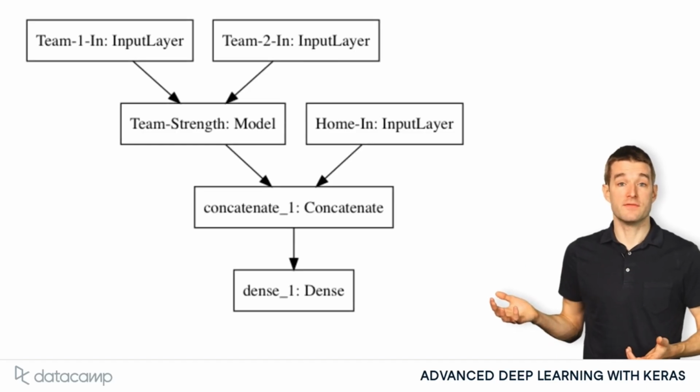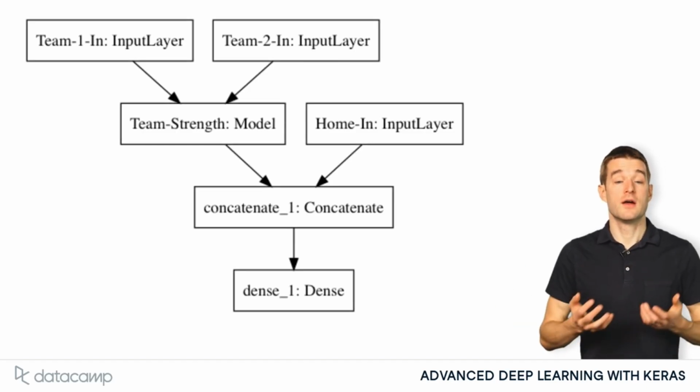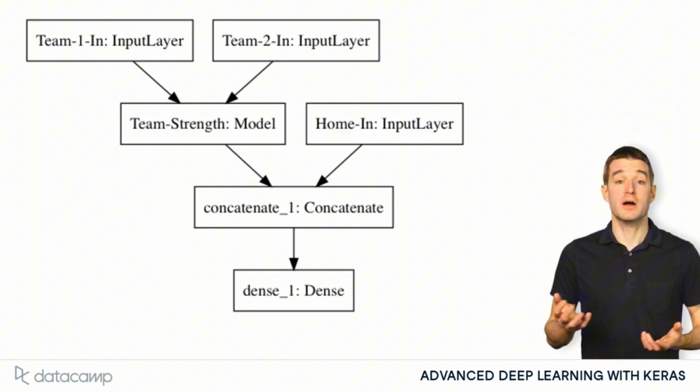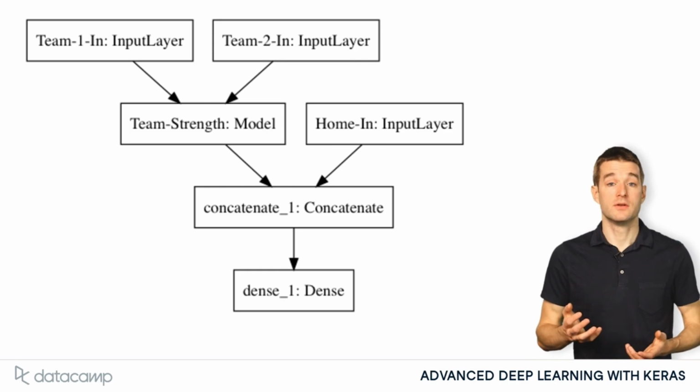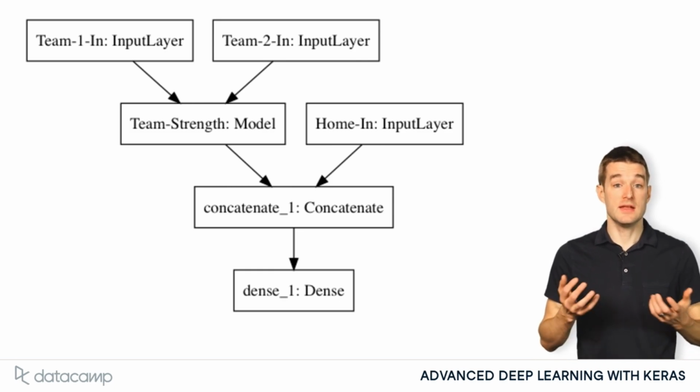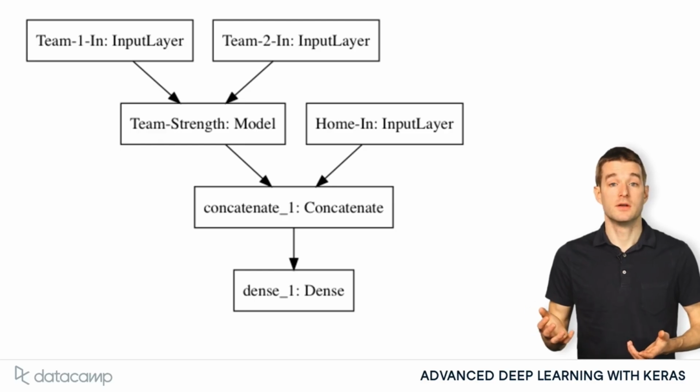Here is the plot for a very complicated model. The box at the bottom of the image represents the model's output. In this case, the model has 1 output. Note that output layers have arrows coming in, but no arrows going out. The boxes in the middle of the image represent intermediate steps in the model.